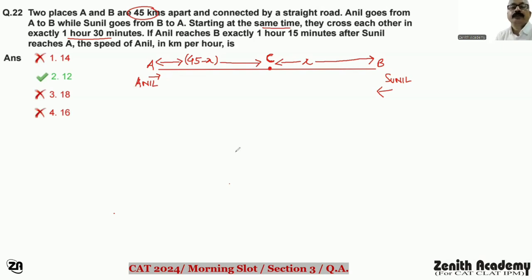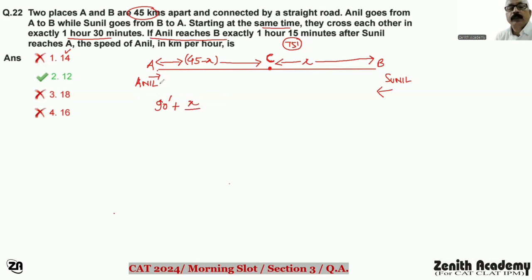Okay. Now, if Anil reaches B exactly 1 hour 15 minutes after Sunil reaches A, सुनील जब यहां पर पहुंच जाता है उसके 1 आवर 15 की 75 मिनट्स के बाद ये यहां पर पहुंचता है। ठीक है, तो अब देखा जाए अनिल ने इस 45 - x मिनट, अनिल को ए से बी तक पहुंचने में कितना टाइम लग रहा है? टाइम टेकन बाय अनिल फ्रॉम ए टू बी, इट इज 90 मिनट प्लस remaining distance is x.